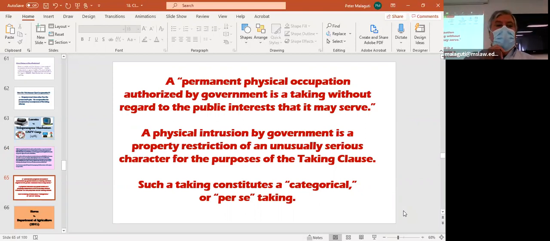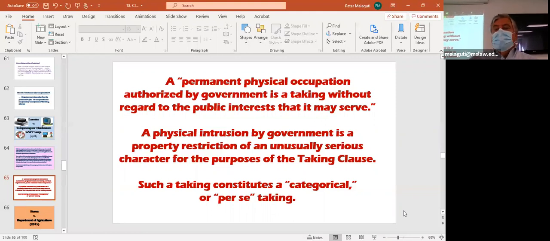And those of you who have taken real estate law know this already. The most important right that you have when you own property is the right to exclude others, the right to exclusive possession. We'll talk about that. And the court actually cites a lot of property law in this case and says exactly that.